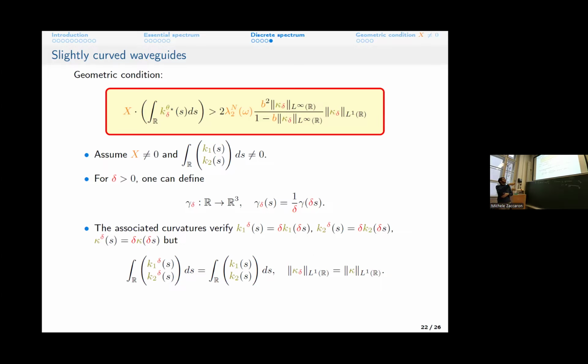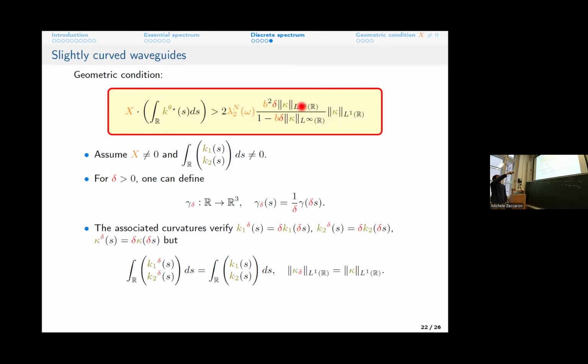So if you recast your geometric condition for this slightly curved waveguide, you will see that these integrals do not change.